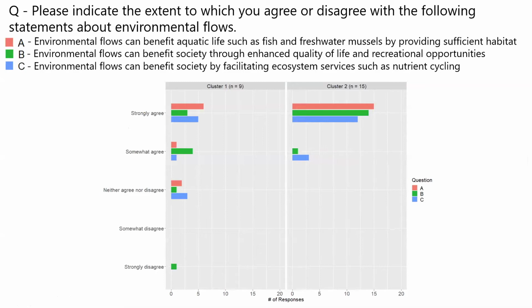So we asked if they can benefit aquatic life, benefit society through recreational opportunities, and benefit society through ecosystem services. Not a whole lot of difference here between the 2 clusters. This first cluster maybe took a more neutral stance on some of their questions, and one person disagreed that environmental flows are important for recreational opportunities, but overall there's some agreement that environmental flows are important.